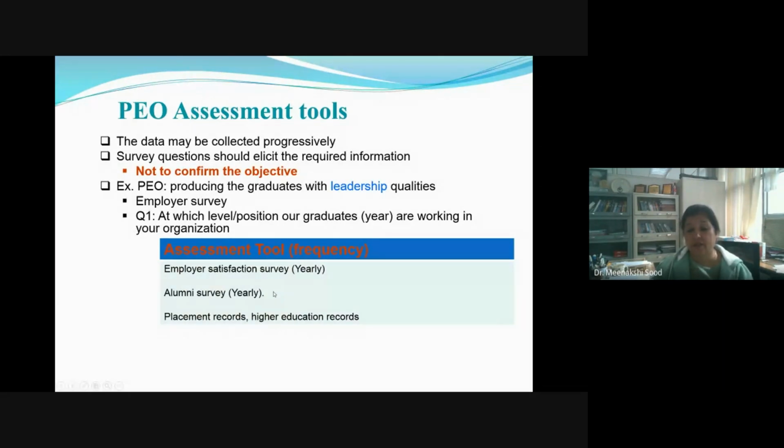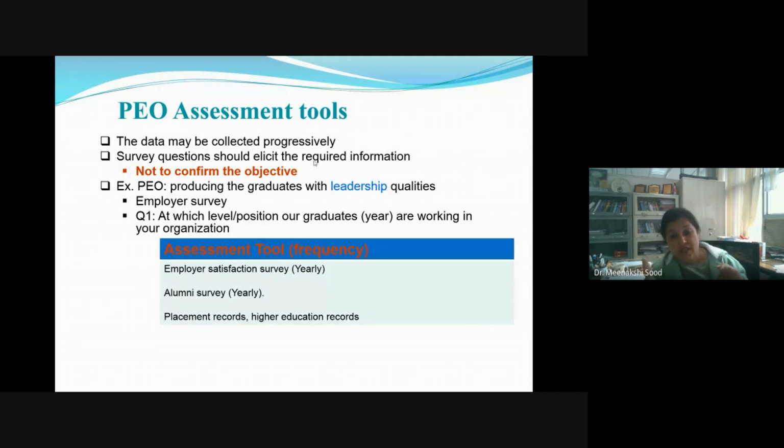So yearly frequency, because it has to be checked after 4 years or 5 years. So every year you have to collect the data, and at the end of 4 years, then you can average out, or you can see whether you have attained the POs or not. So the survey questions, whatever tool you are using, the survey you are making, should be very precise and connected to your PO statement, because you have to check whether I have attained PO1 or not.